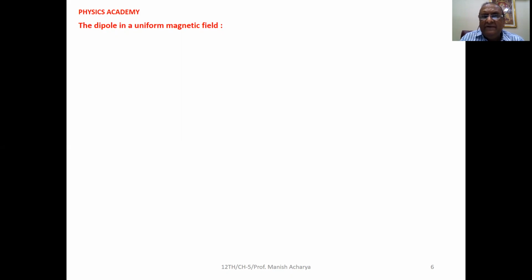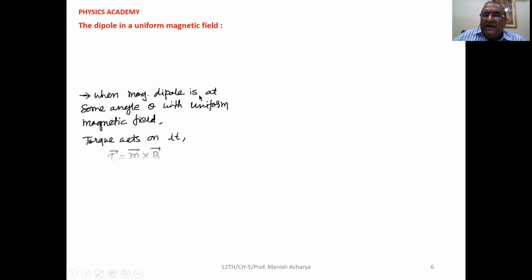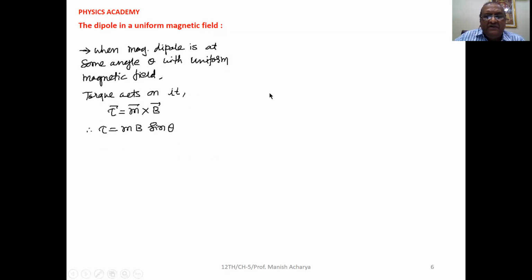These two forces, equal in magnitude, opposite in direction, and not collinear, form a couple and will produce a torque. So the torque acts on the dipole when it is placed in the uniform magnetic field.